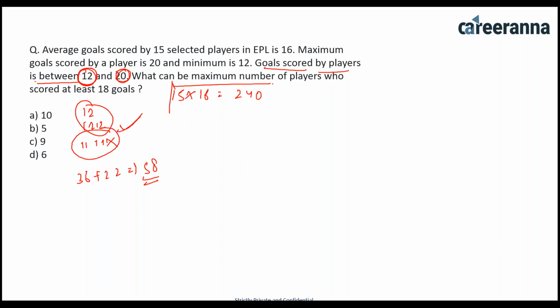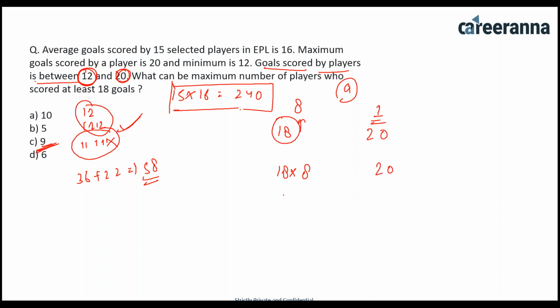Okay, so now let us take 9 to be the answer. Let me explain how. 240 goals are here. If I take 18 plus people to be 9, one person has scored 20 and 8 people scored 18. 18 multiplied by 8, what is the value, guys?